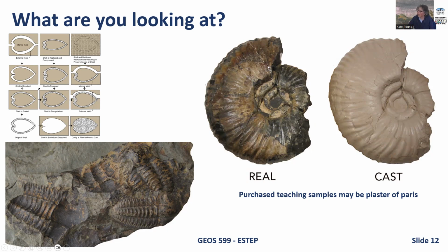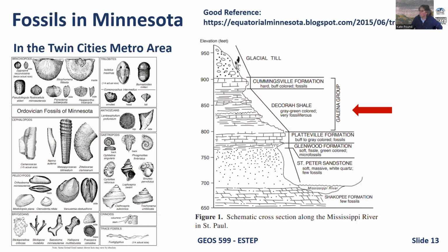So essentially what they do is they take the original fossil, they put it in something to make the shape, and then they put plaster of Paris into that shape to make a cast. So that's why samples that you may come across or you may have been taught with don't look anything like the real thing. They're just plaster of Paris casts.